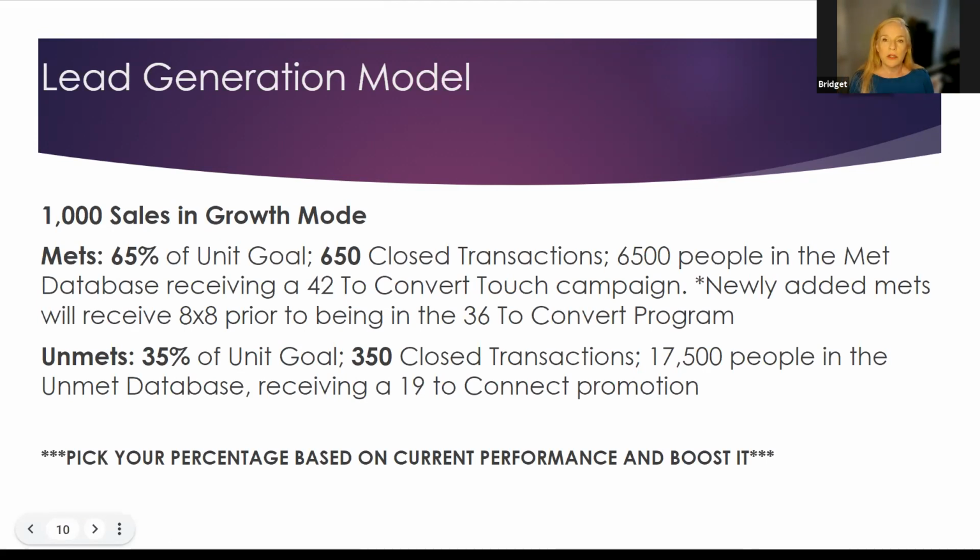So look at your current, look at that gold standard, wherever you're off kilter with it. I also coach some heavy prospectors, so their percentage is probably like 60% unmet, 40% met. Just look at where you are, look at the gold standard of 65-35, and let's come up with a goal next year.